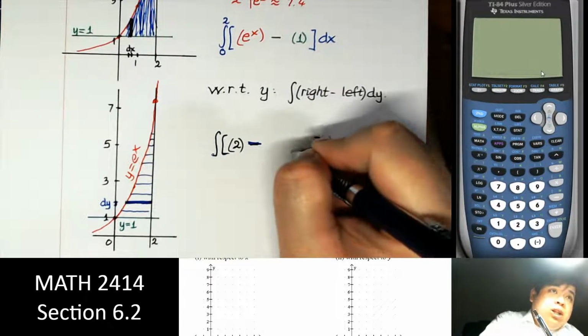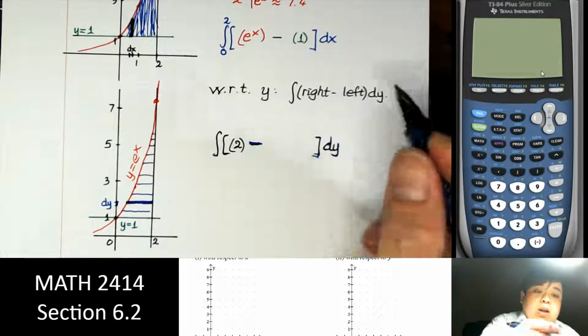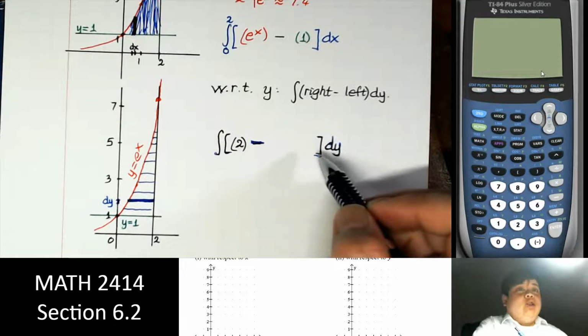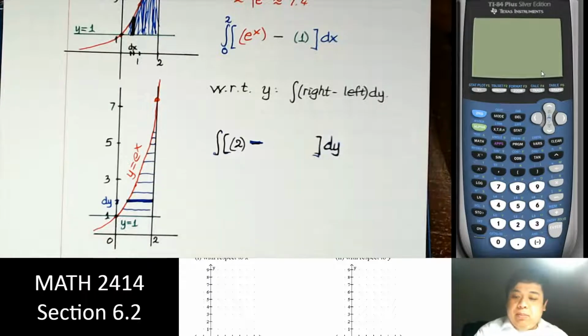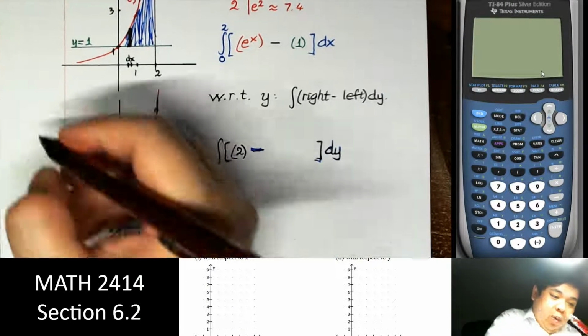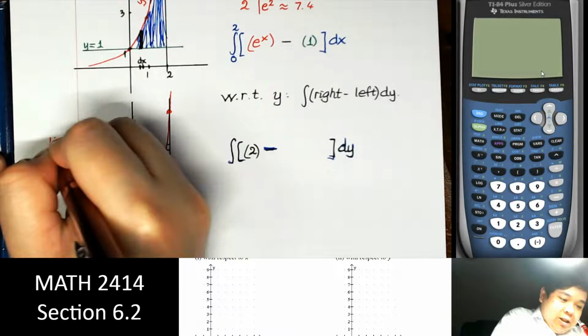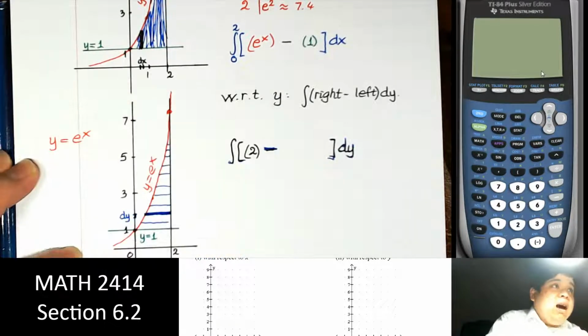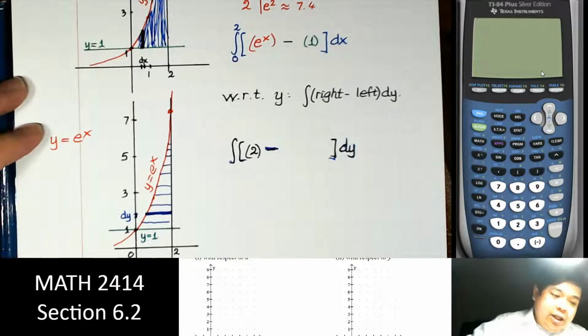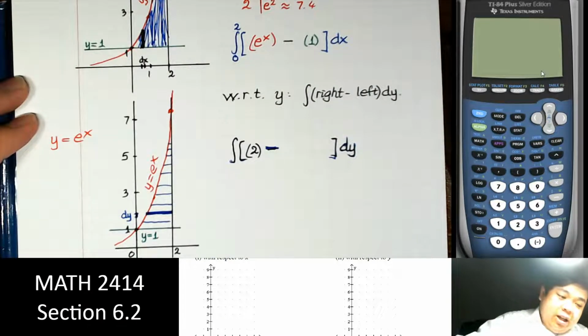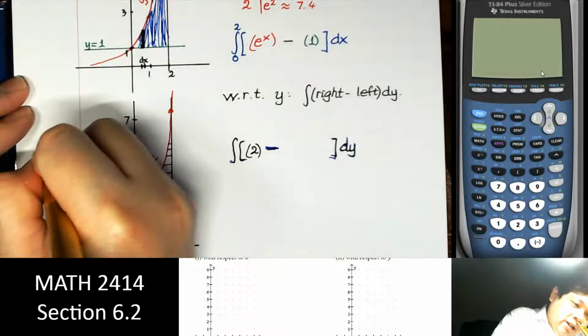I could not put e to the x here because that's a big problem. It is dy, so everything has to be in terms of y. We cannot put x in here. So if y equals e to the x, then how do we solve for x? We have to take ln on both sides.